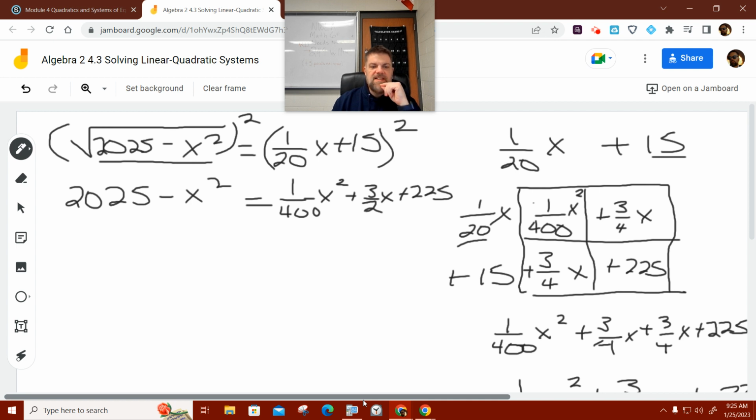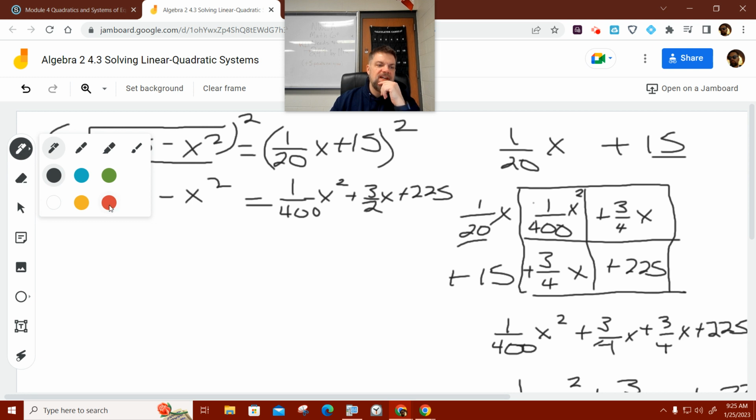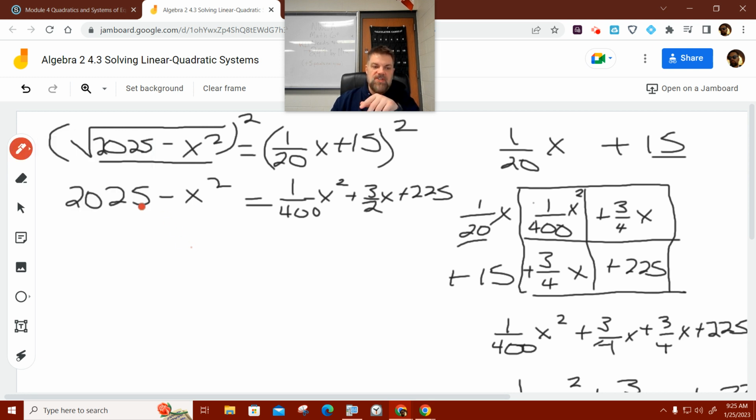So now, what is it that we don't like about this problem? Yeah, it's got a bunch of fractions in there. So I can get rid of the fractions by multiplying by the denominator. Usually, you start with the biggest denominator.